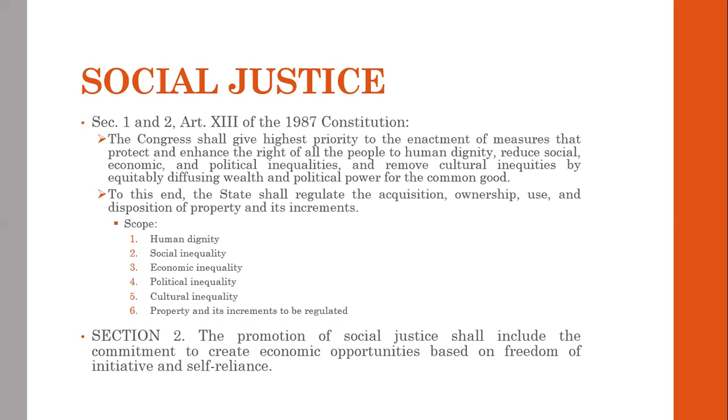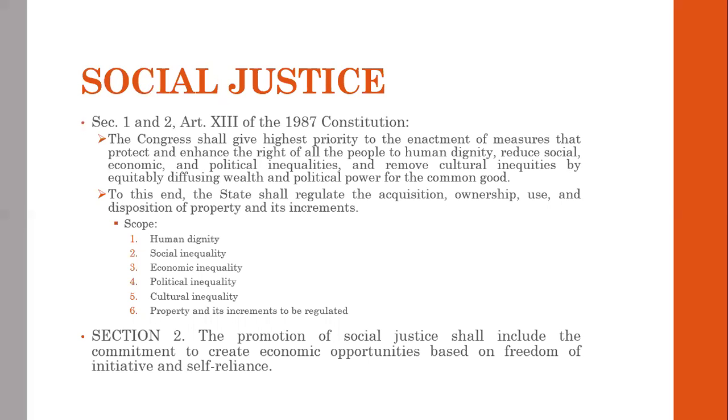To this end, the state shall regulate the acquisition, ownership, use, and disposition of property and its increments. So actually, the scope of social justice is, number 1, to protect and enhance human dignity.